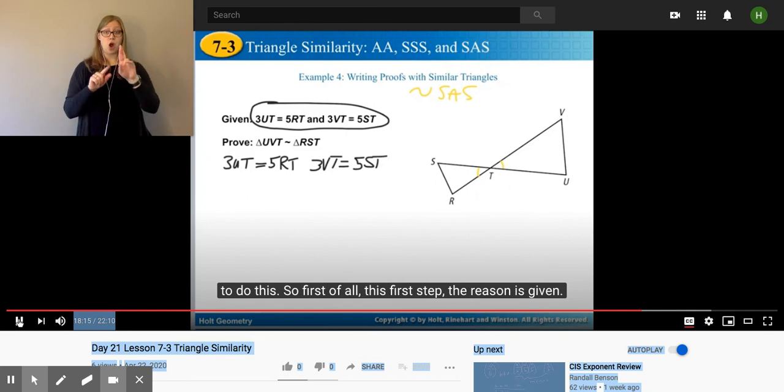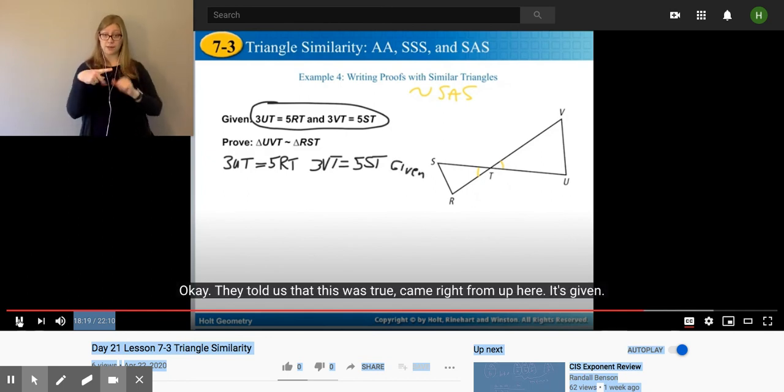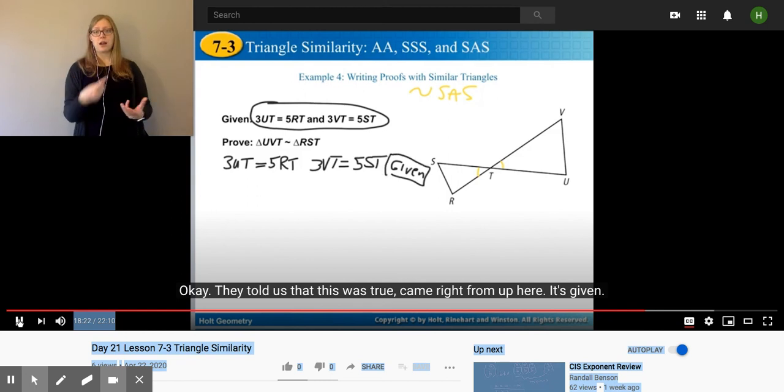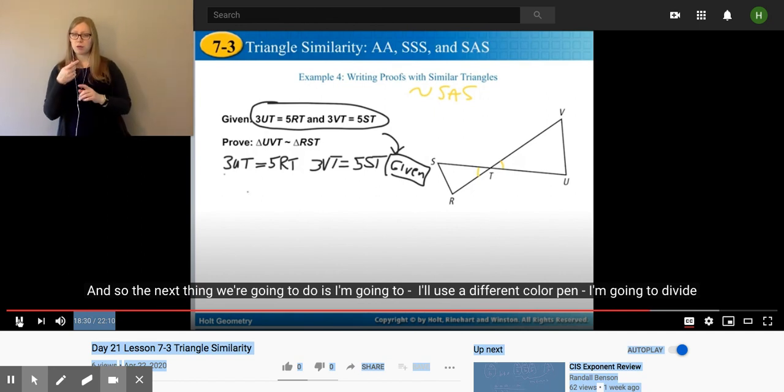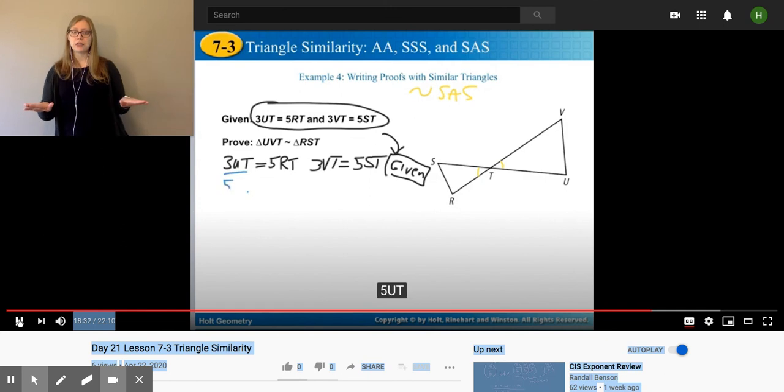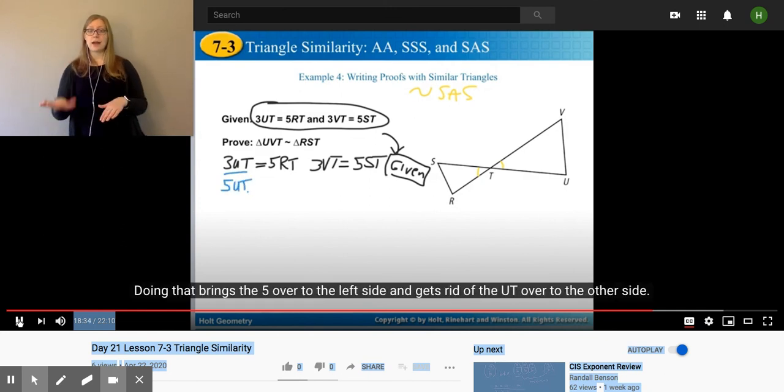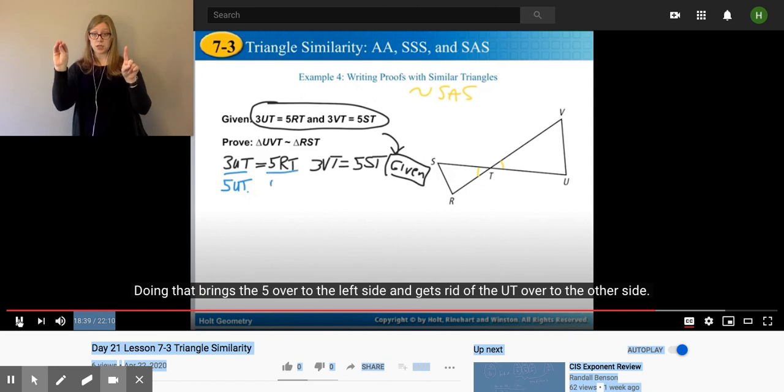So first of all, this first step, the reason is given. Okay, they told us that this was true. It came right from up here. It's given. And so the next thing we're going to do is I'll use a different color pen. I'm going to divide by 5 UT. Doing that brings the 5 over to the left side and gets rid of the UT over to the other side.